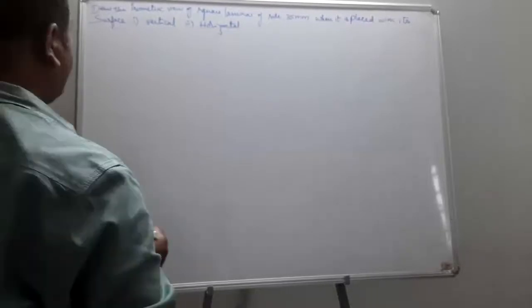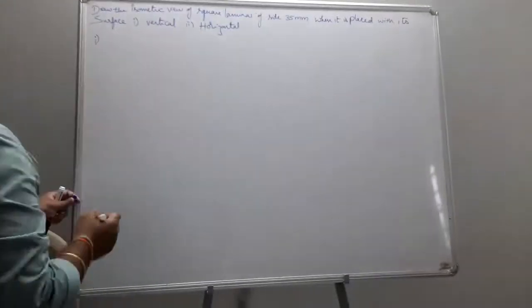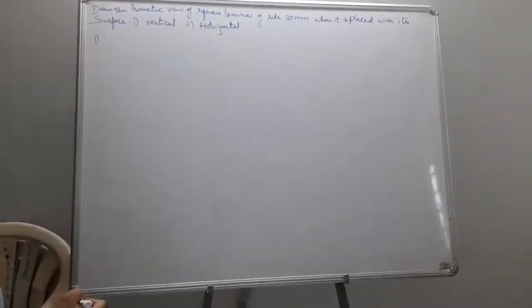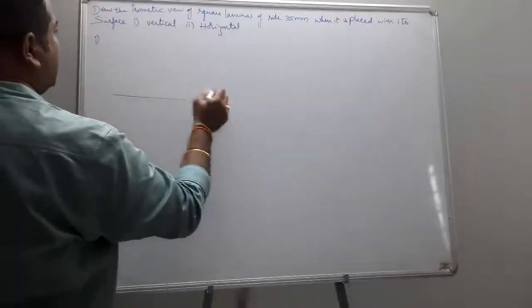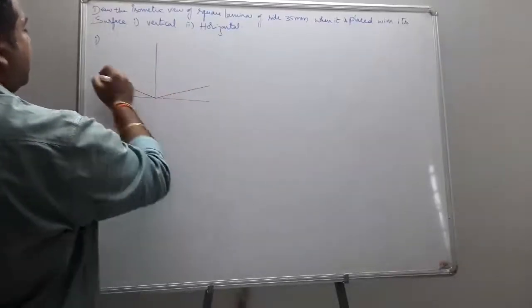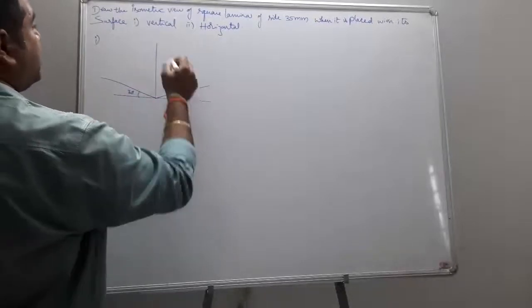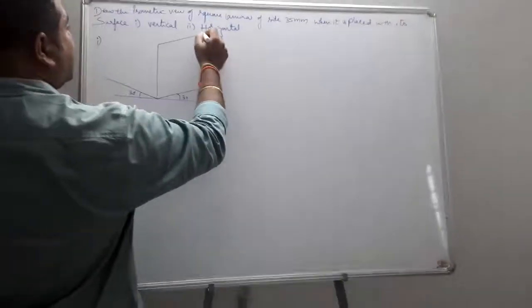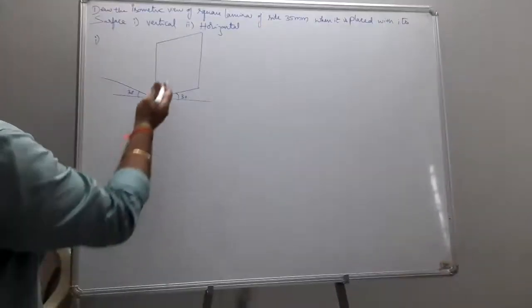So first of all, let us consider when your plane is going to be vertical. When you consider vertical, the first consideration is that it should be either right isometric view or left isometric view. Let us see. If you draw your isometric axes first, like this, this is 30 degrees, this is 30 degrees. If you consider your plane like this, so this is also vertical.